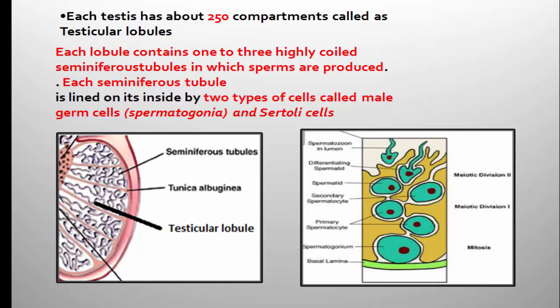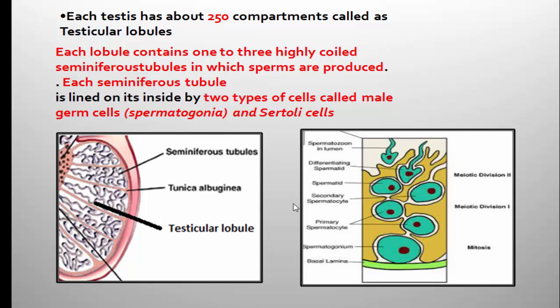Some of them are called male germ cells. They are the actual cells undergoing spermatogenesis. The male germ cells are also known as spermatogonia or spermatogonial cells, and these are the cells from which finally the sperms are produced. And one more type of cell present in the testis is the Sertoli cell.